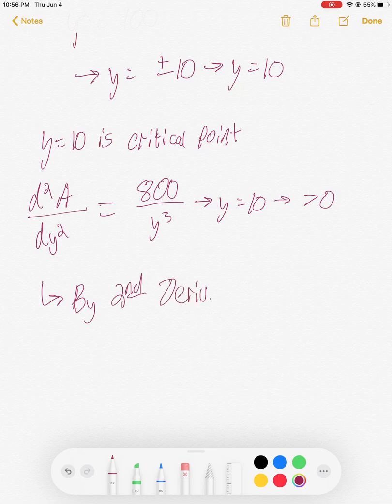At y equals 10, it's 800 over 1,000, which is greater than 0.